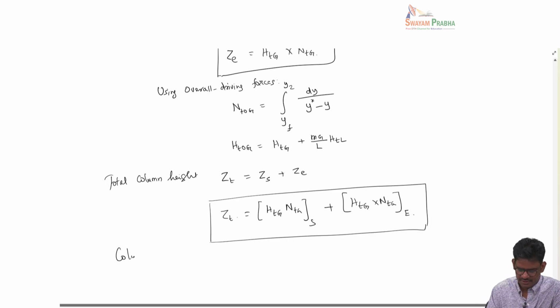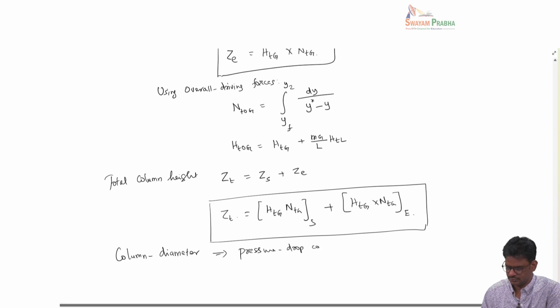And column diameter is to be obtained from pressure drop calculations. Okay, that's all.